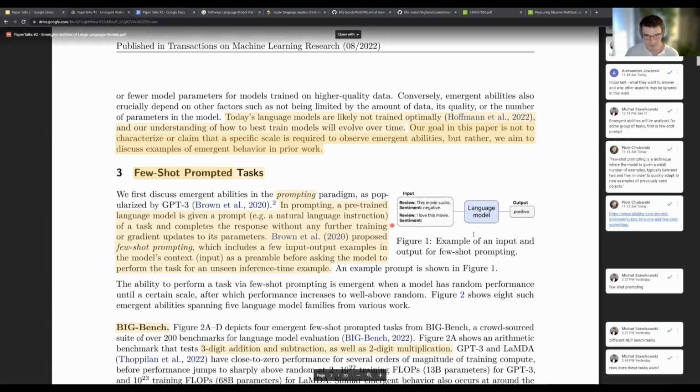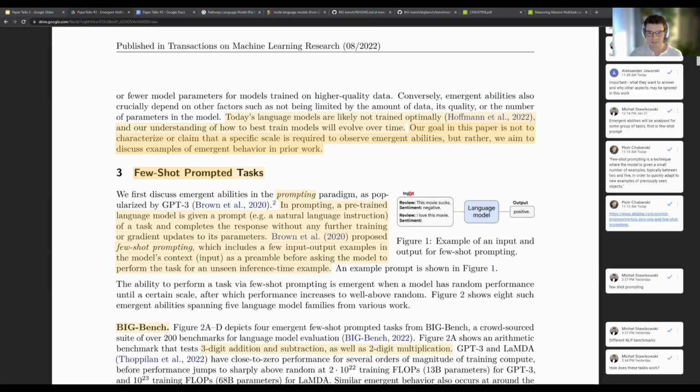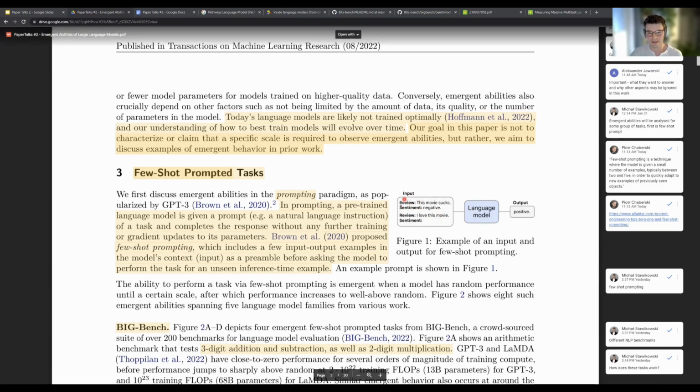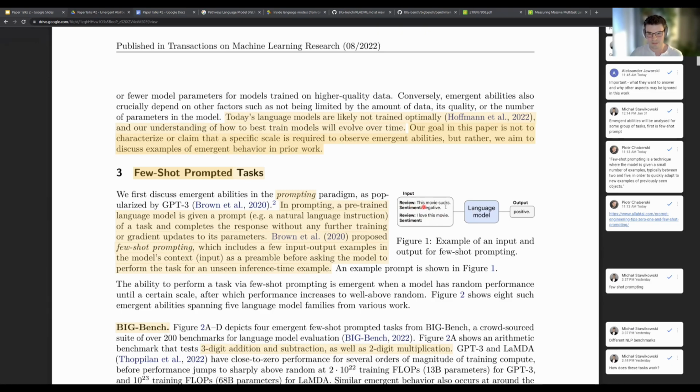So here we have a small diagram that actually illustrates it pretty well. Here we have an input, some review, and we want to check what sentiment this particular review has. So we are giving our model one labeled example: review, this movie sucks, and sentiment negative. And we are asking, based on this example, how would the model rate this particular review?